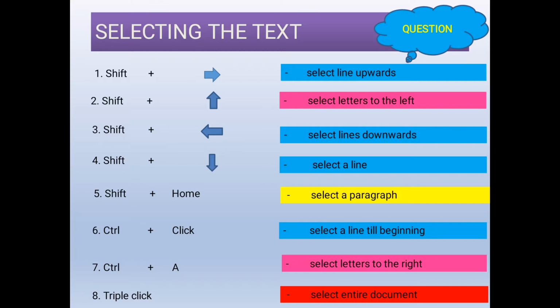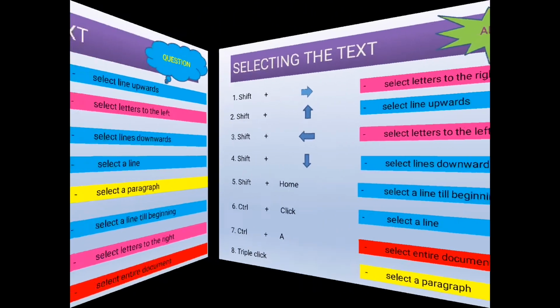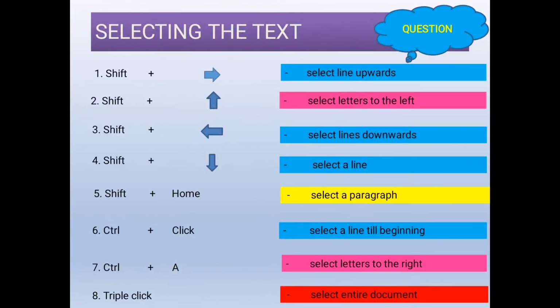What are the functions we discussed? Shall we find the answer for this question? Okay, shift right will select letters to the right. Shift upward selects the line upward.